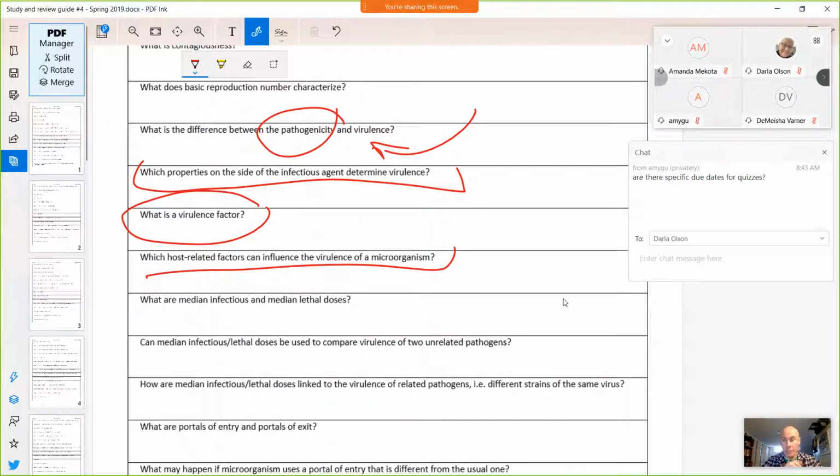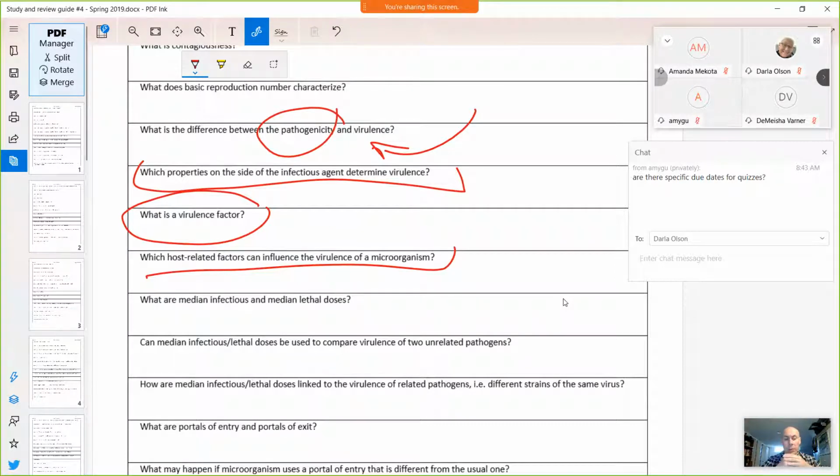Like now we see that people with underlying conditions like heart disease are more susceptible to die from SARS-CoV-2. So that's host-related factors. Have an idea what they are, okay?